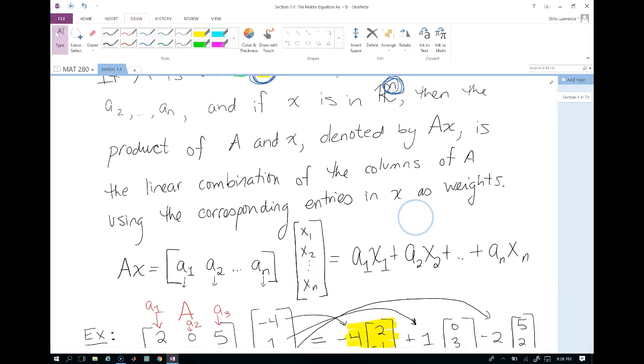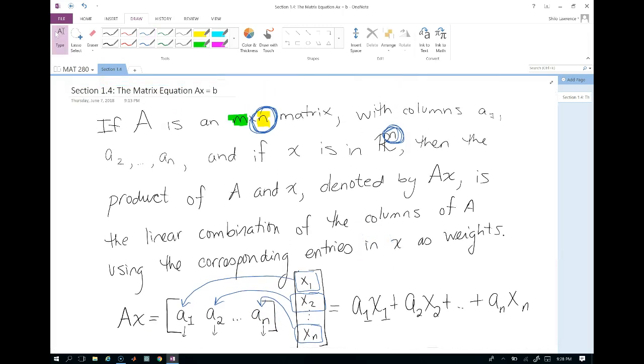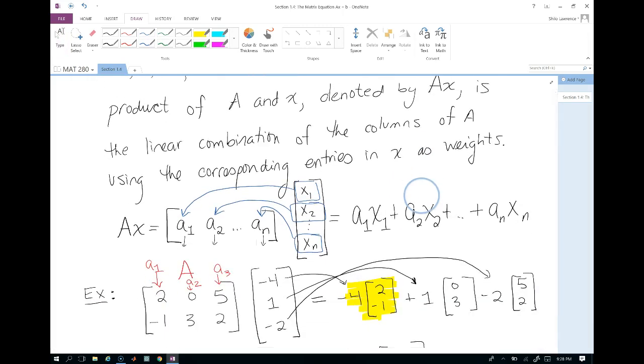I have to be able to match up every single entry in the column vector that comes second with a column in matrix A. And as long as the number of columns in A matches the number of entries in X, this will work.